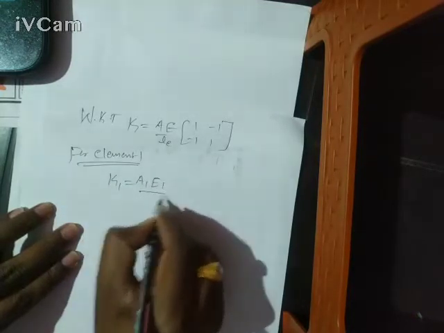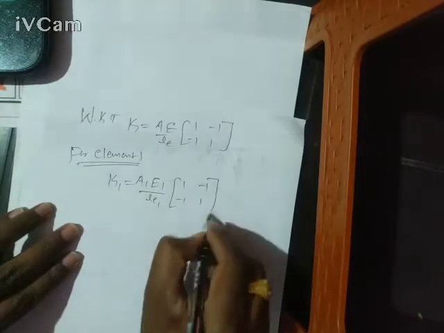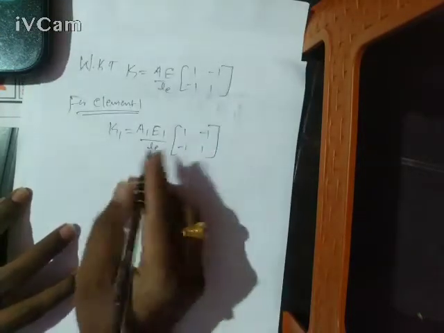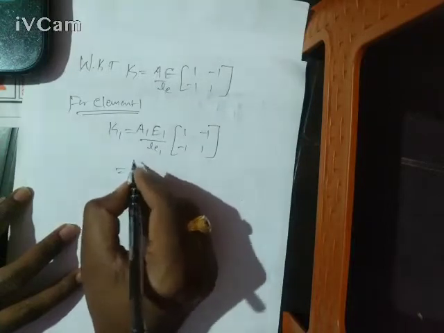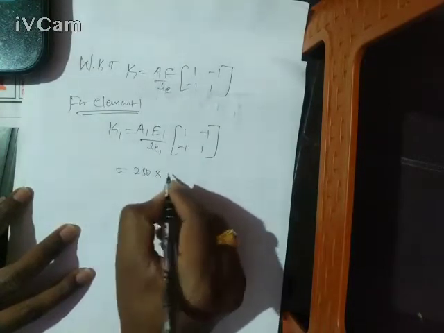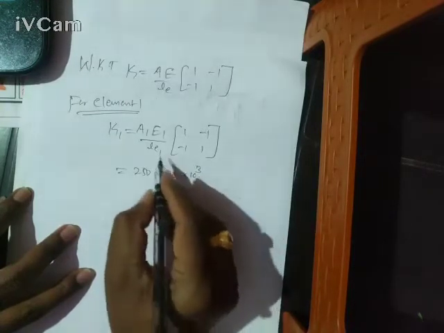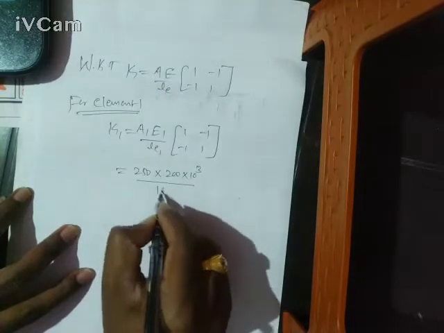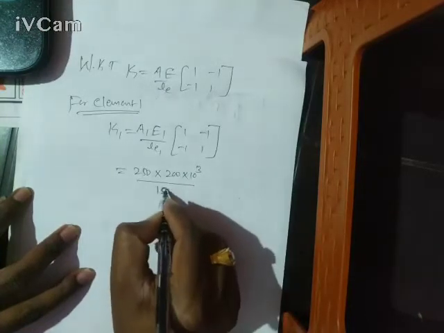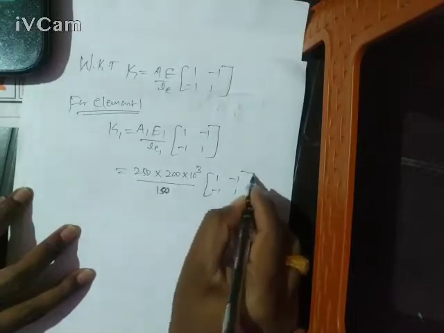A1 E1 divided by LE1 into [1 -1; -1 1]. What is my A1? A1 is 250 and E is 200 GPa, which is common to both the elements, and LE is also common, 150, into [1 -1; -1 1].